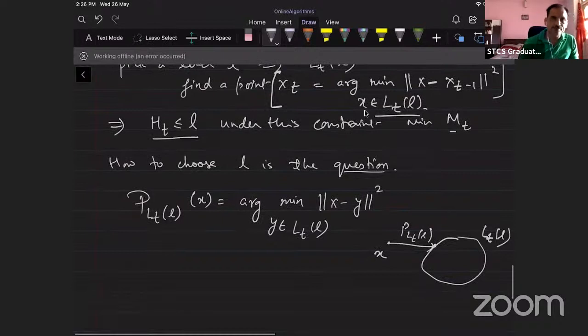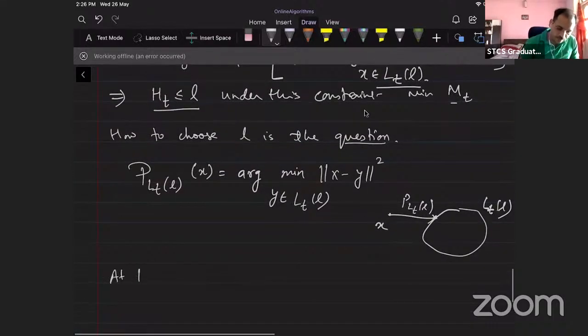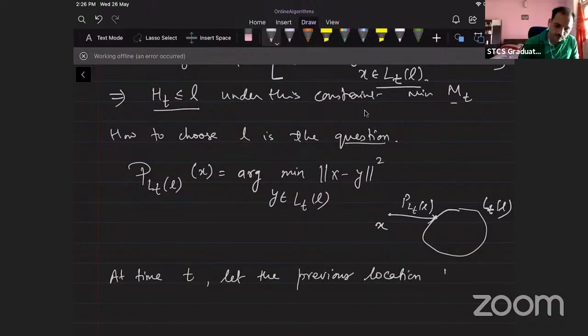So this is just the projection. Oh, sorry, R is correct. So I want the point which it doesn't. Fine. So now here is an algorithm. At time t, let the previous location be x_{t-1} and the new function be f_t.